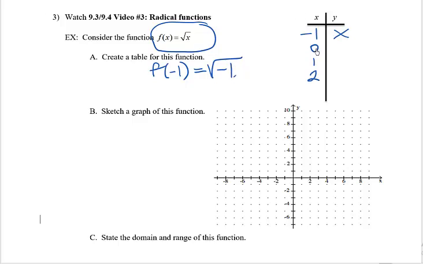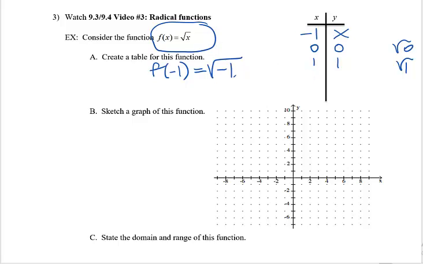How about 0? That I can do. Square root of 0 would just be 0. And let's see, how about 1? Sure, square root of 1 would be 1. Now after that, you kind of realize, maybe 2 is not the best number to plug into this if I'm trying to do this quickly by hand, because square root of 2 is not a particularly nice answer.